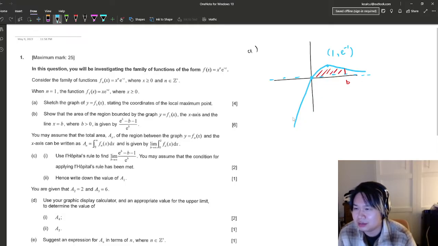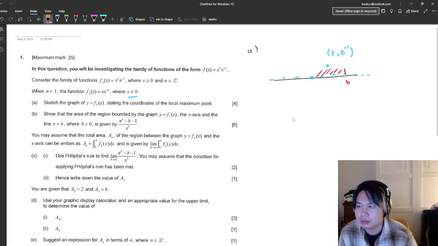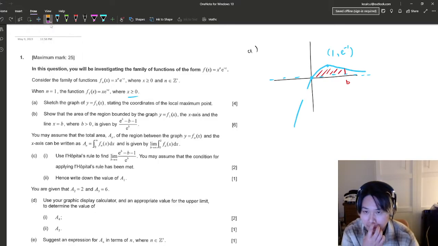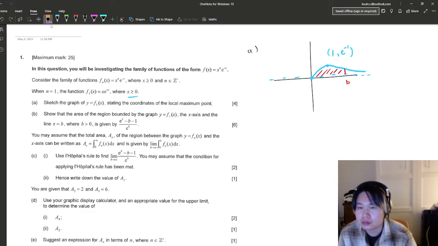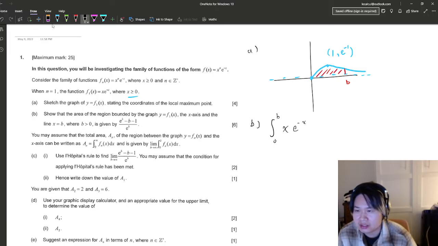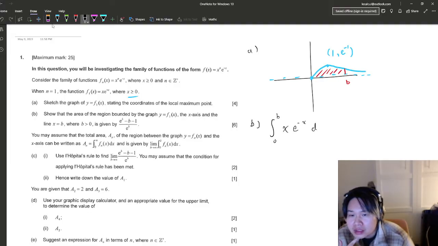I should have read this a little bit better, so I'm going to erase this bit here. Okay. So we're going to figure this out through an integral from 0 to b of our function, which is x e to the negative x dx.